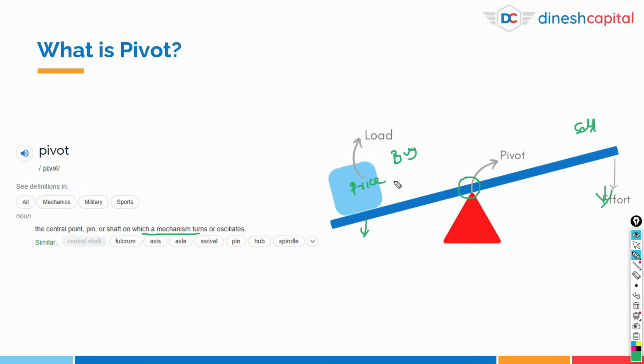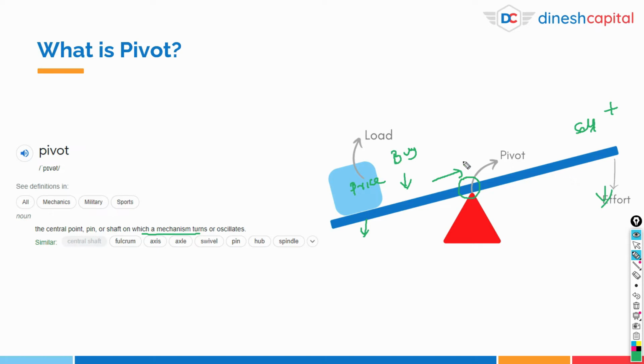Currently the buying pressure is more. What if the buying quantity reduces and the selling quantity increases? The price will cross the pivot level and it will go to the right side. This bar will come down. You can call it a CPR breakout.